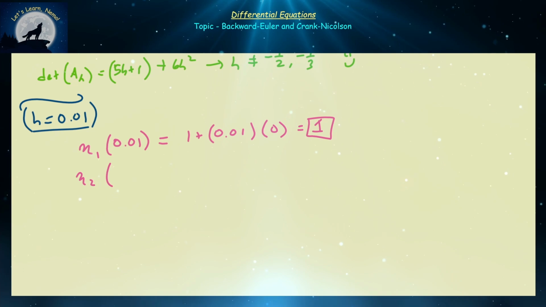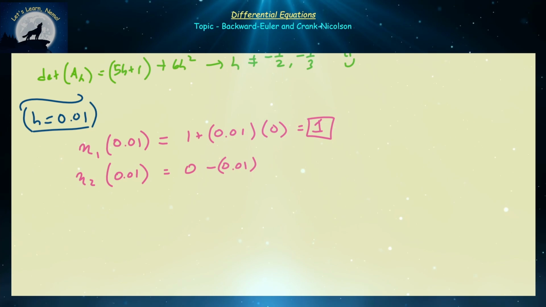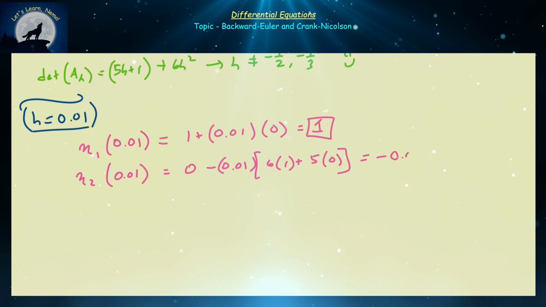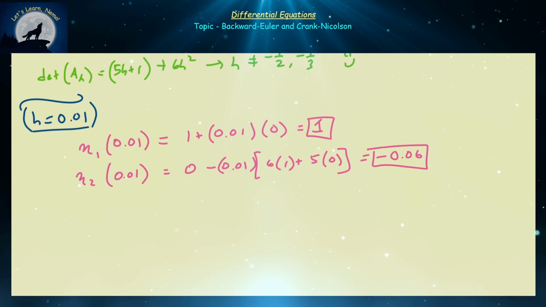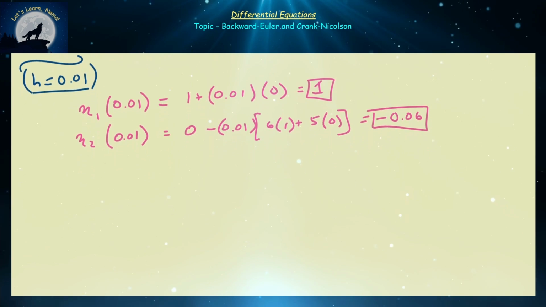And then we're going to have eta 2 evaluated at 0.01, which will be equal to the initial value of eta 2, which is 0, minus 0.01 times 6 times 1 plus 5 times 0, which is going to be negative 0.06. So that's going to be our first point.